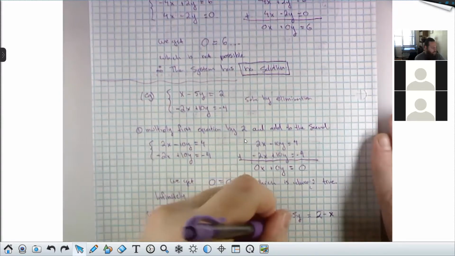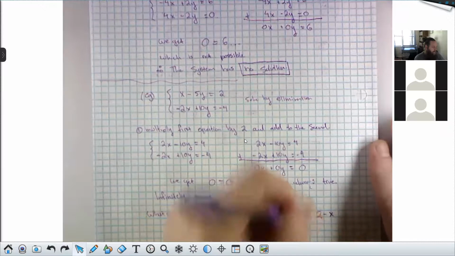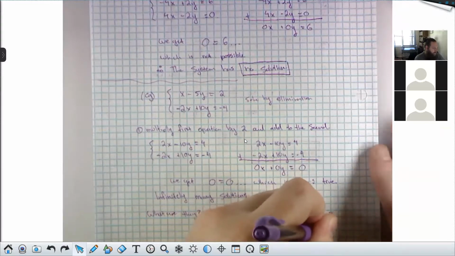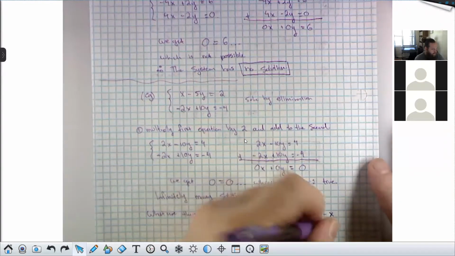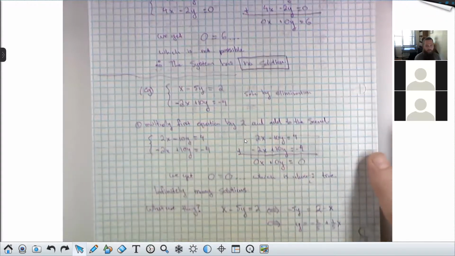Then divide both sides by negative 5. I get y equals negative 2/5 plus 1/5 x.